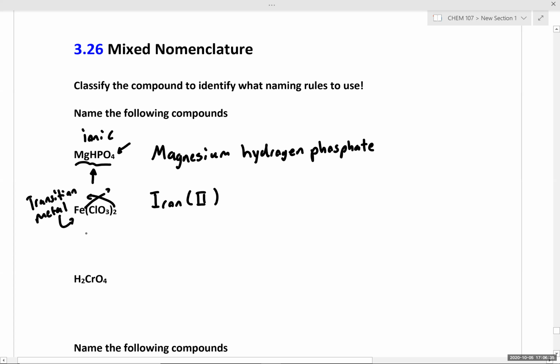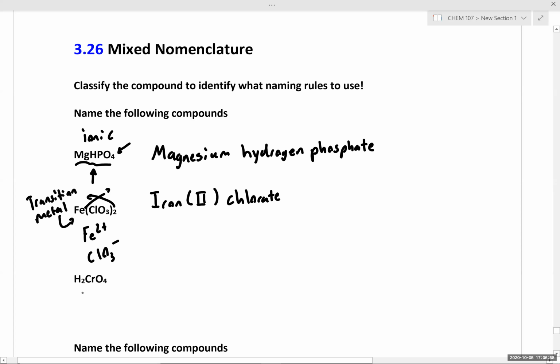Well, when we cross the charges, we get Fe2+ and ClO3-. This matches the known charge for chlorate. So we note the charge of iron in parentheses after the name, and then we write the name of our polyatomic ion. So this would be iron(II) chlorate.